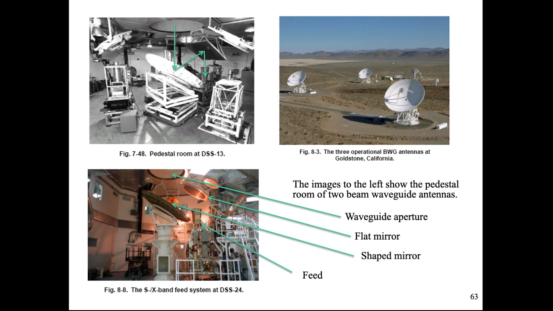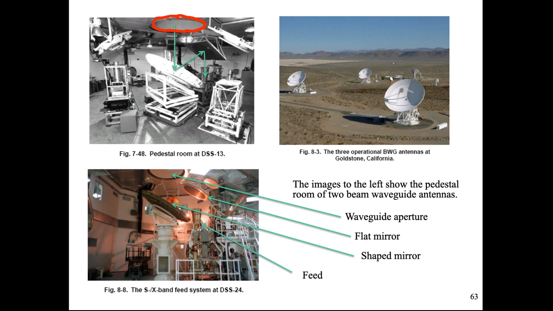These are pictures of the interior of the pedestal room at DSS 13. So you see here, this is the mouth of the beam waveguide, which comes from the top of the antenna. Okay?